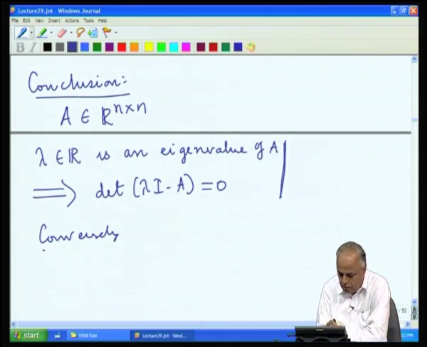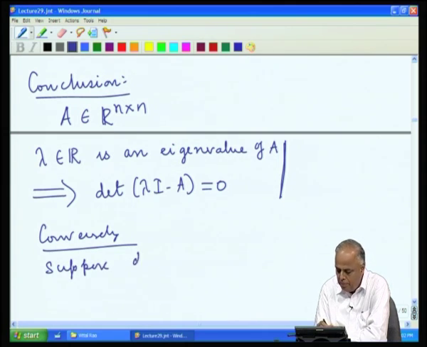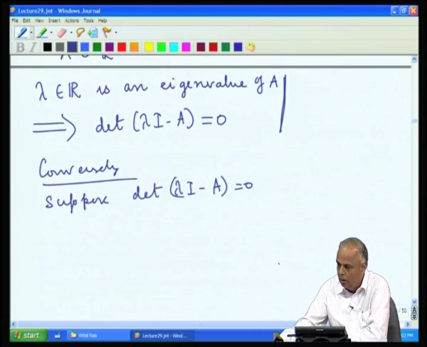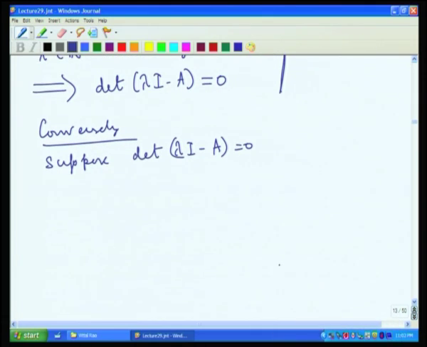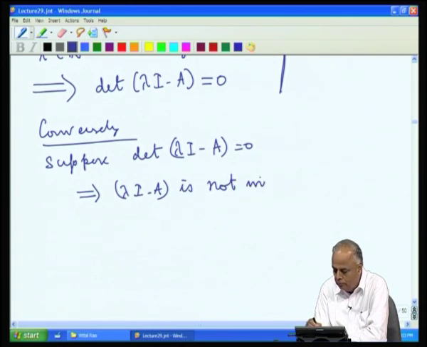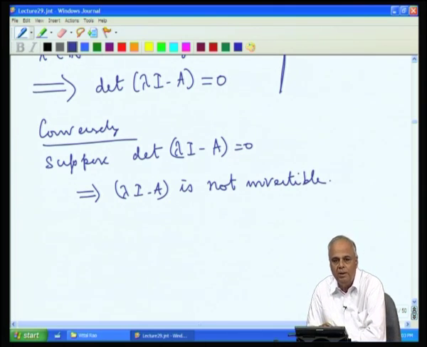suppose determinant of lambda I minus A equal to 0. Determinant of lambda I minus A equal to 0 implies now the matrix lambda I minus A is not invertible, because the moment the determinant is 0, the matrix cannot be invertible.